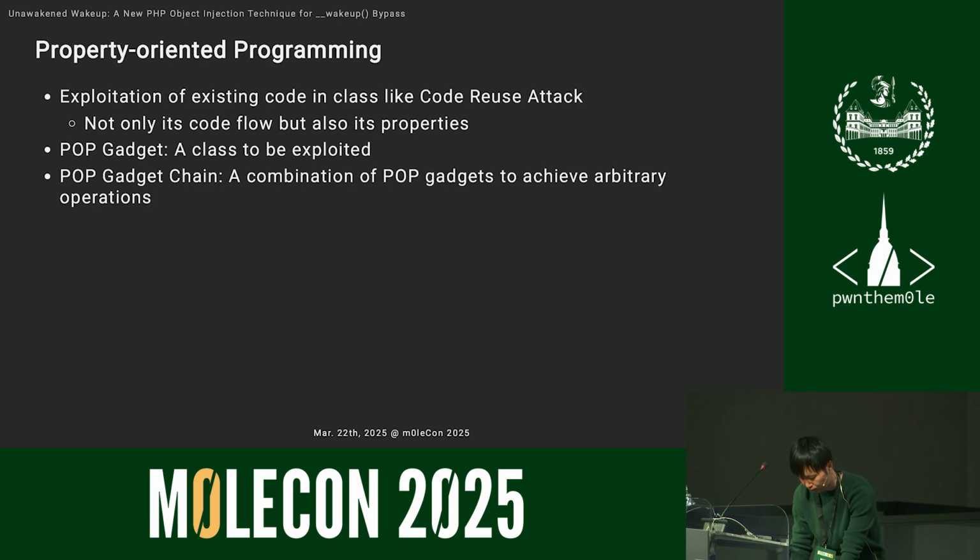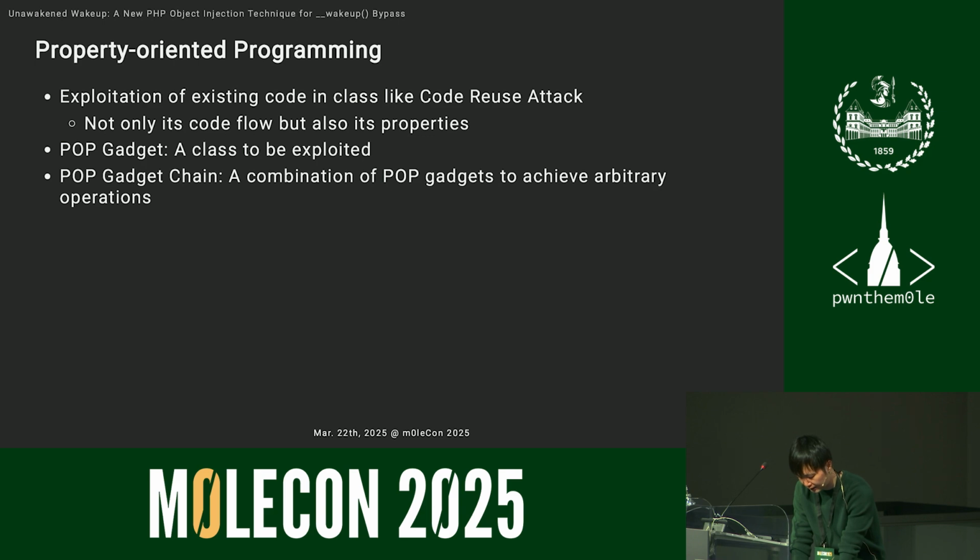Next, property-oriented programming. These powerful attacks are carried out using a technique known as property-oriented programming, or POP for short, which works similarly to code reuse attacks. In POP, not only the associated code flow of a class, but also its properties are exploited.